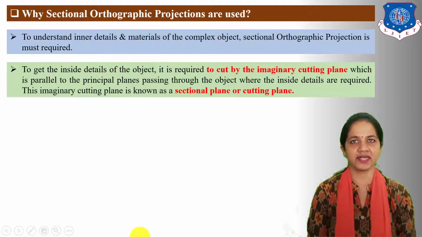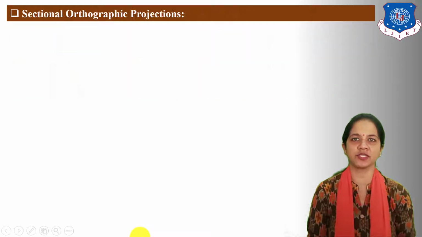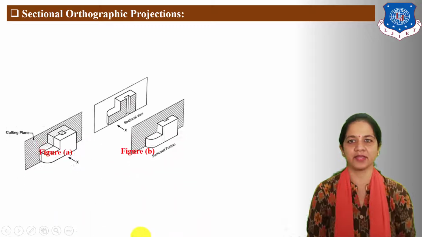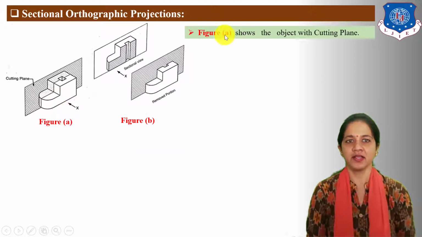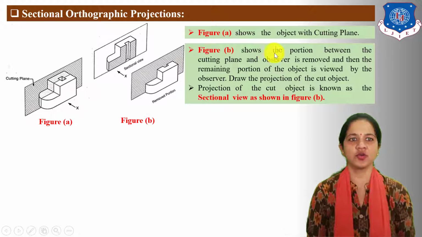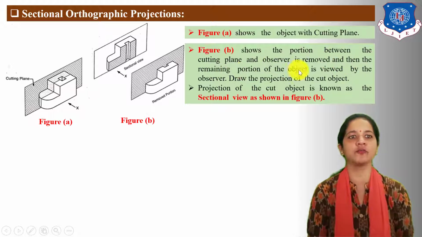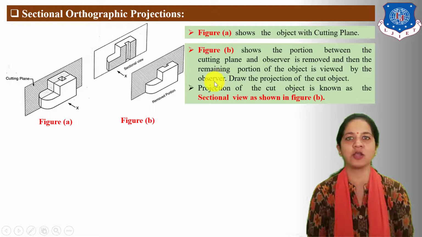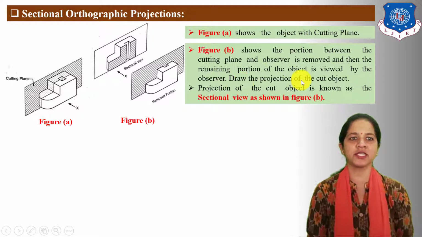Next, let us understand sectional orthographic projection with an example. Here, figure A shows the object with the cutting plane. Figure B shows that the portion between the cutting plane and observer is removed, and then the remaining portion of the object is viewed by the observer. Draw the projection of the cut object.